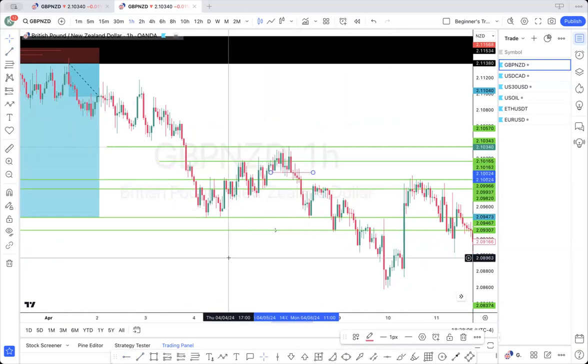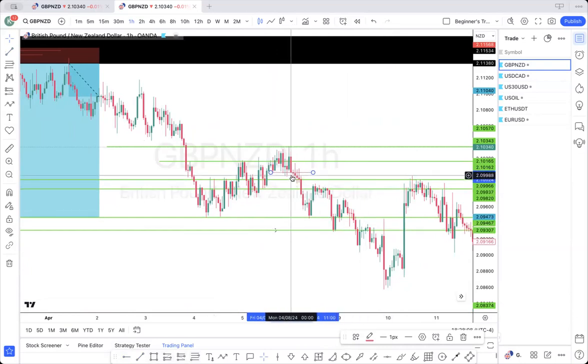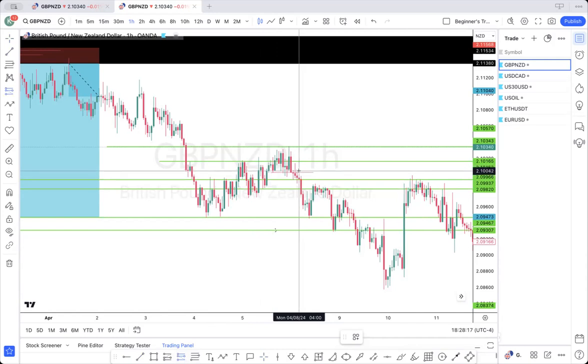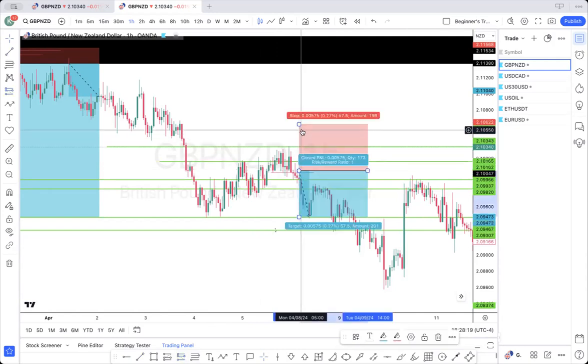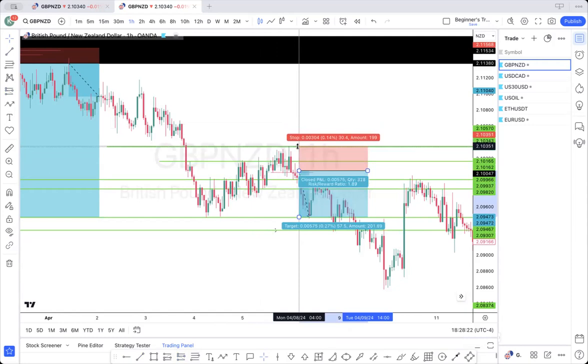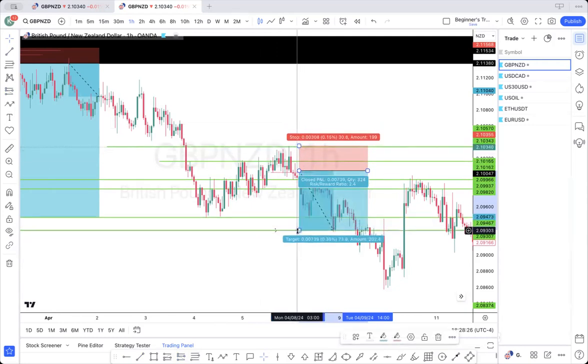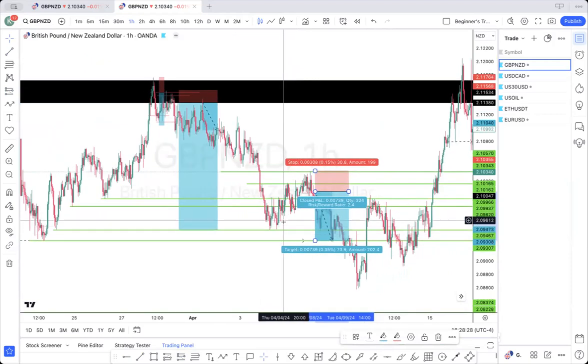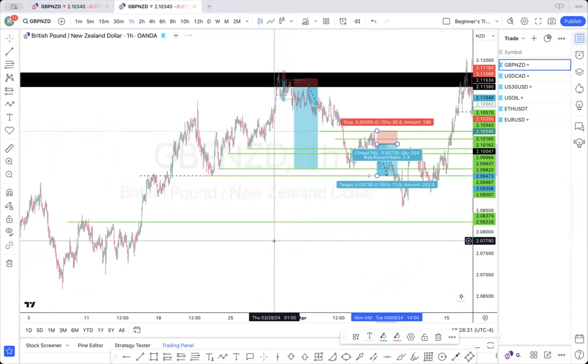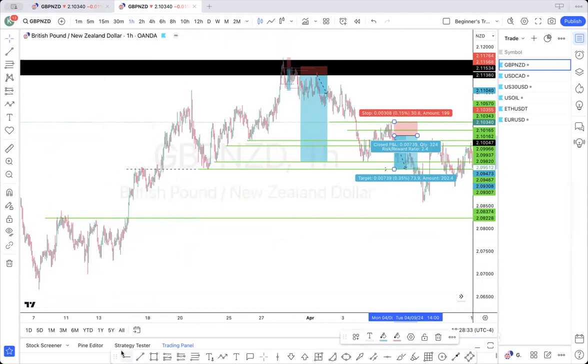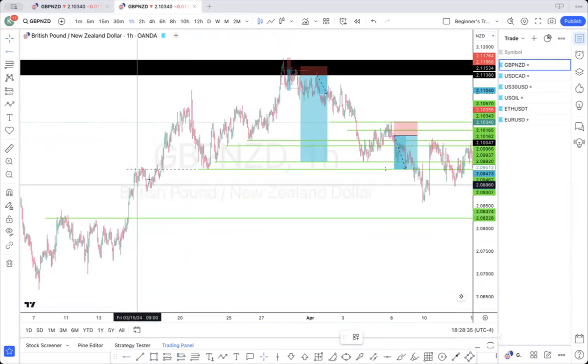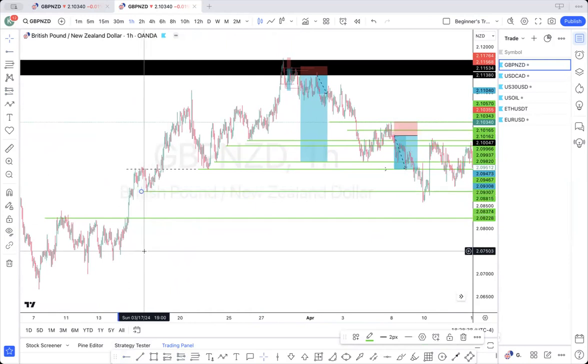Then you can mark up, because once it broke right here, this candle is where it broke. I look for the institutional candle or the order block, move it up above the high, and then you can start targeting. That was the last low that didn't get tapped into. So you just start targeting the lows, right?